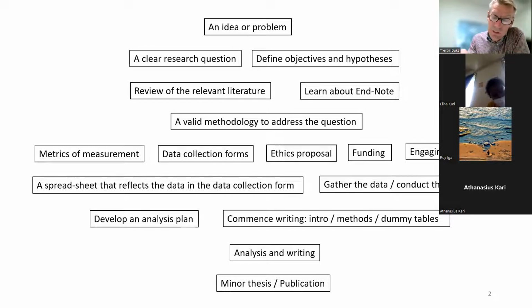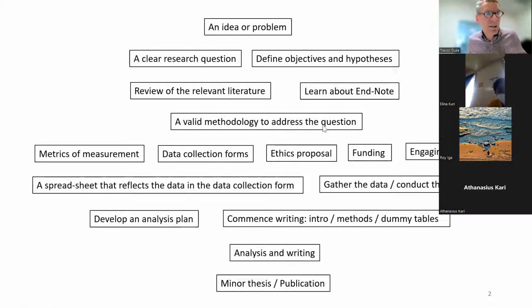All of these things that sometimes people do at the end, the analysis should be thought of at the start. It's very important to think of the analysis at the start, because that will enable you to develop good data collection forms and a good spreadsheet that can be analyzed. So think about an analysis plan at the start.